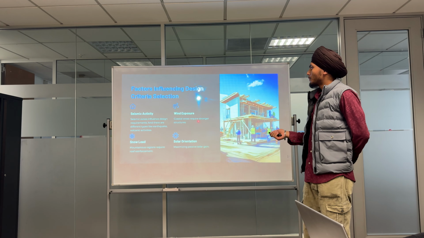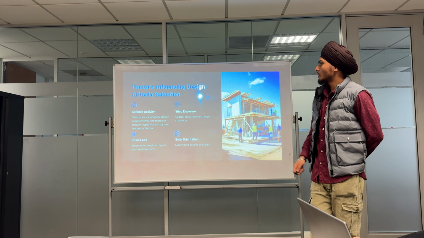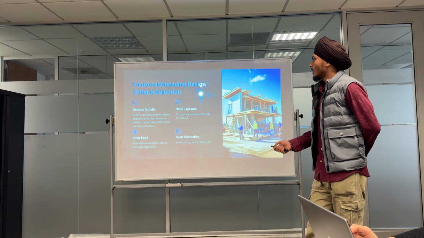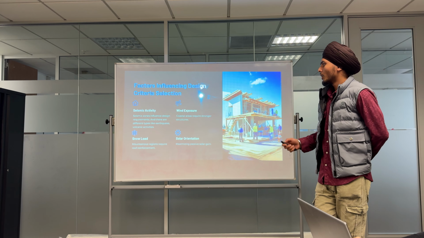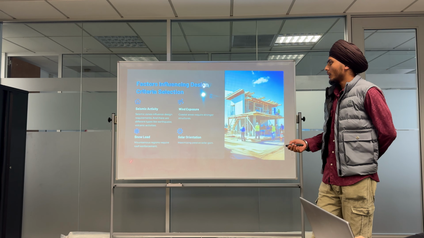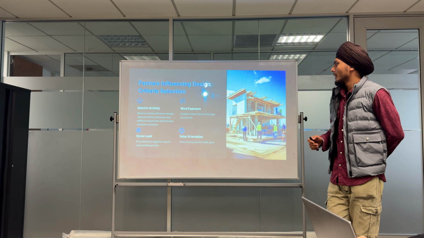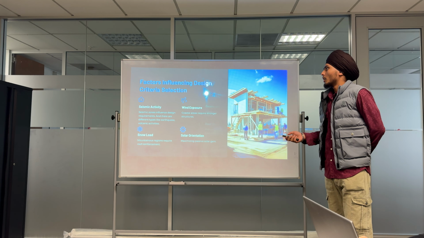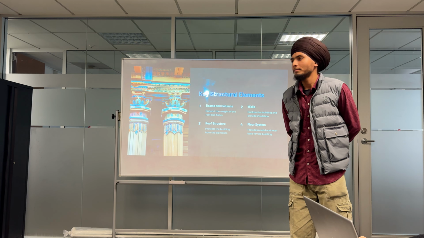In wind exposure, coastal areas require stronger structures where the wind mostly occurs. And the last one is snow load. Mountainous regions require roof reinforcement. And solar orientation, maximizing passive solar gain. Let's move to the next slide.